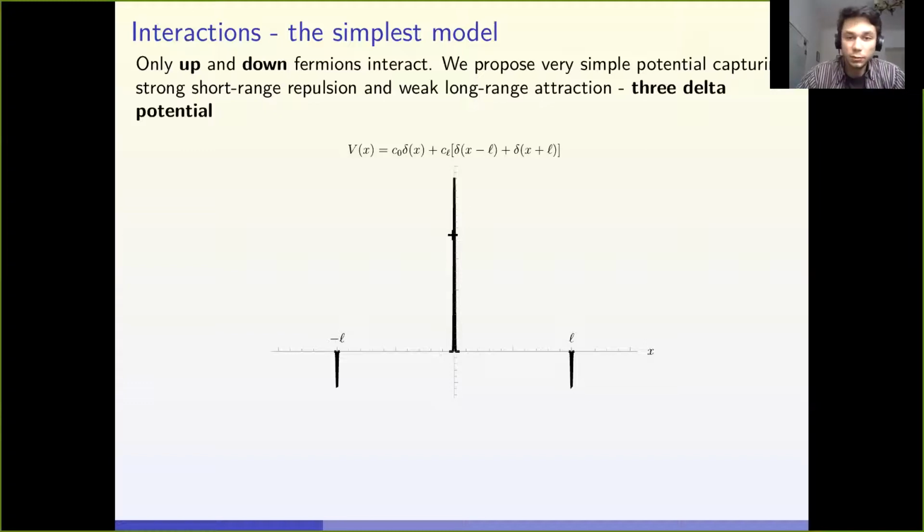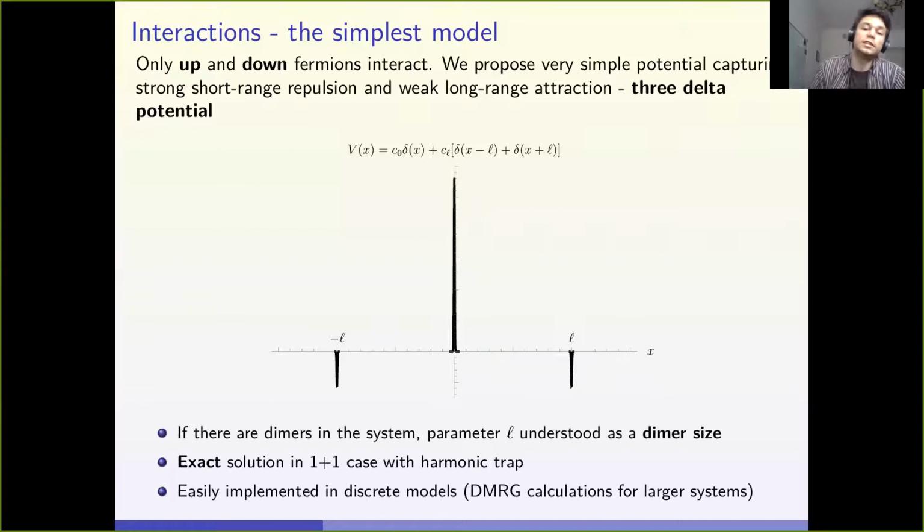And of course, one would rather like something that corresponds to a Lennard-Jones potential or something like this. But due to the fact that our numerical methods work much better in the case of the three-delta potential, we employ it, and at the same time, you can solve that three-delta potential exactly.